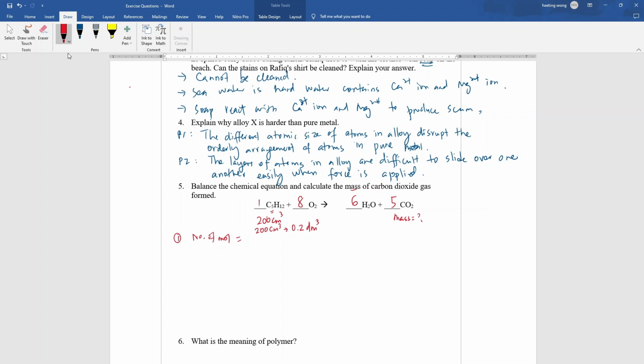This one can be any value. Okay, so we have the mole already.